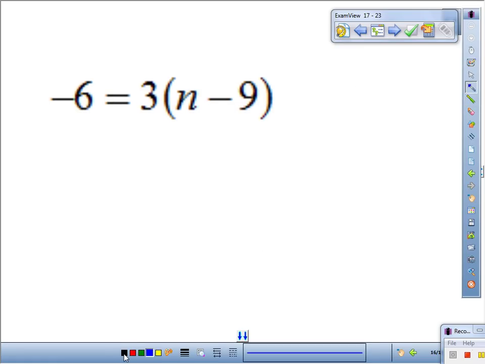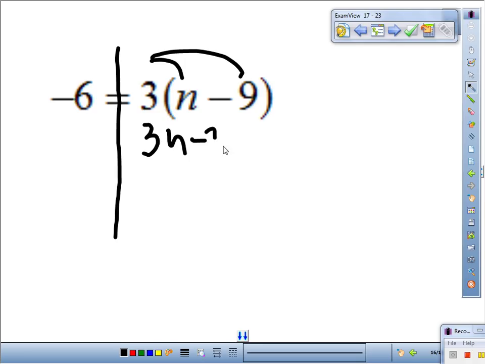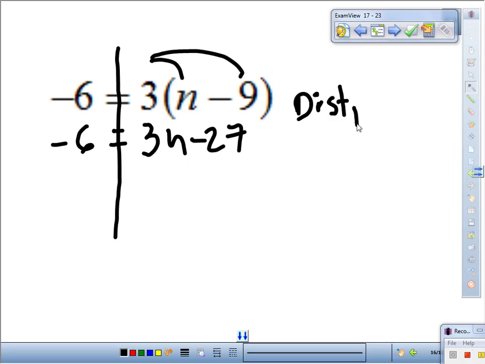Line down the equal sign. 17, sorry. So distribute. This is 3n minus 27 equals negative 6. From here, oh, what was the property that I used? Distributive property. Next, what do I do next? Plus 27 plus 27.